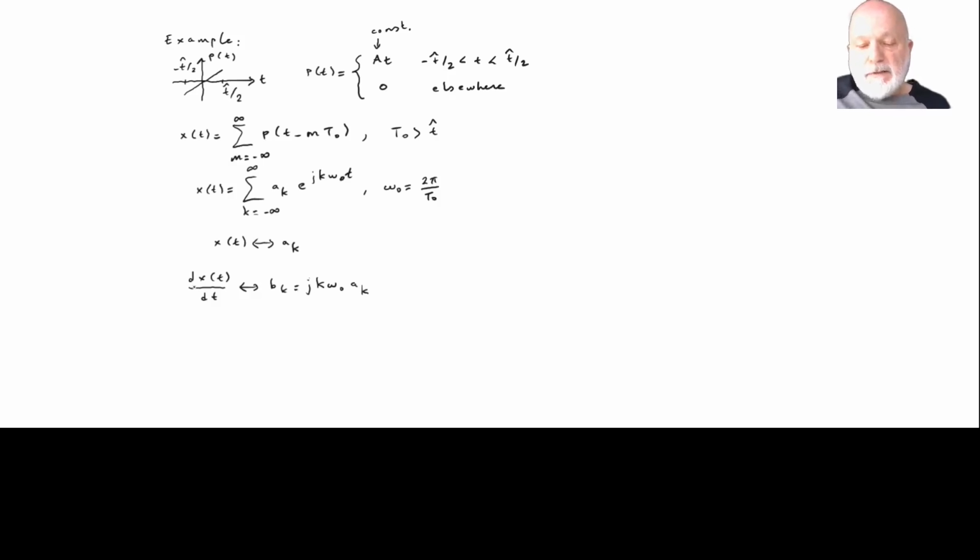Now the derivative of x of t will of course be related to the derivative of the p of t we have given at the beginning of the example. So first we can start with the expression of the derivative of p of t.